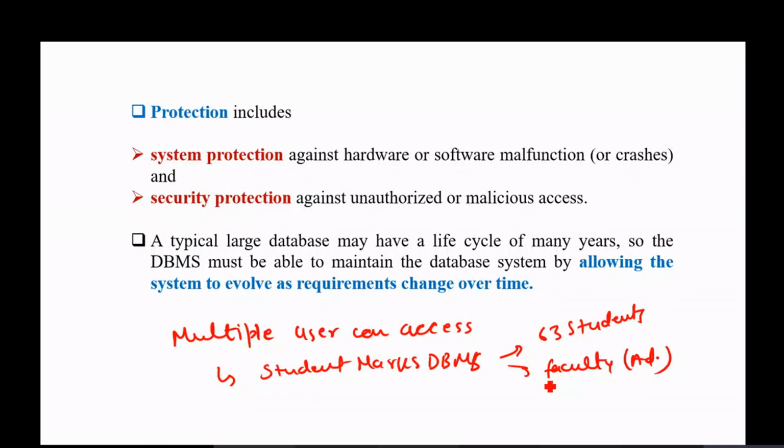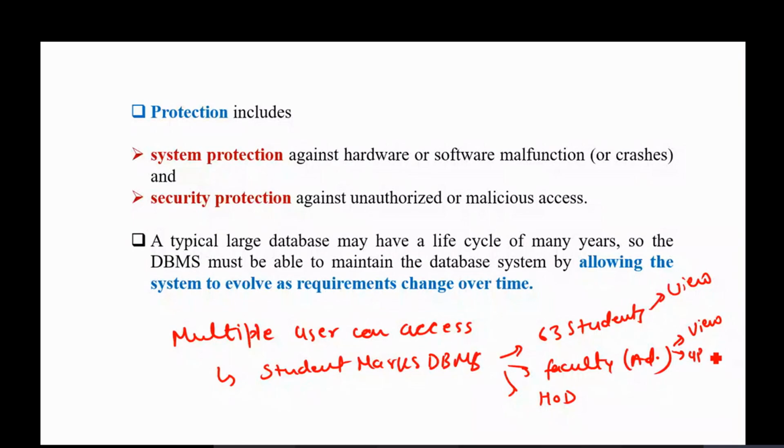Now I can define roles: for the 63 students, they can only view the data, they cannot edit, they cannot insert, they cannot update. But the faculty administrator can view and can also add the data. I can update the data, I can view as well as update, I can create.